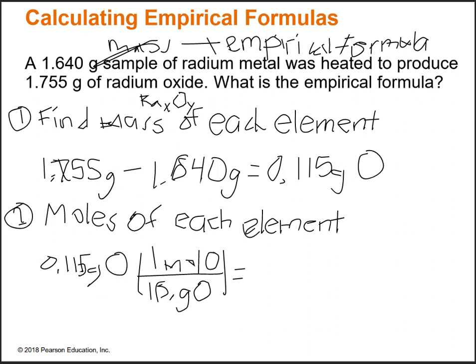So you do that division, 0.115 divided by 16, and you get 0.007188.